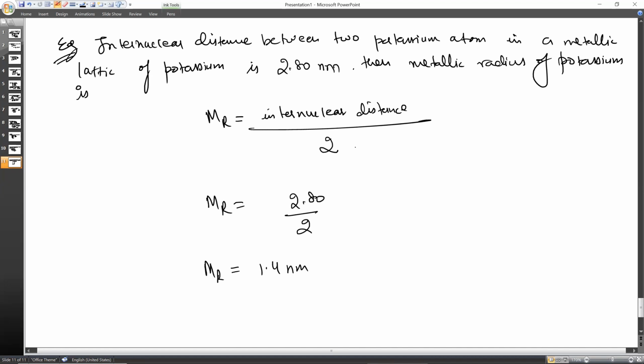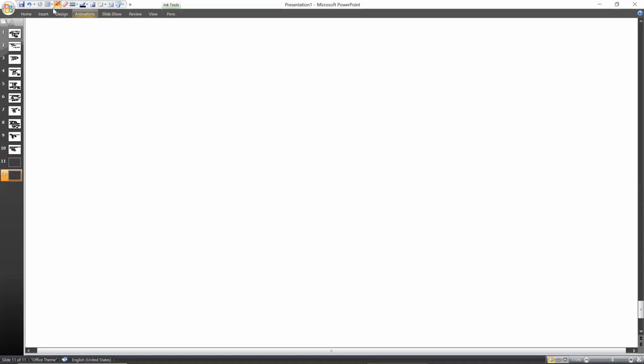Okay, next is van der Waals radius. Done this one? Should I move forward? Yes. Next is van der Waals radius. What is van der Waals radius?